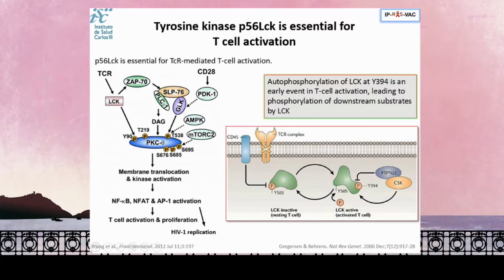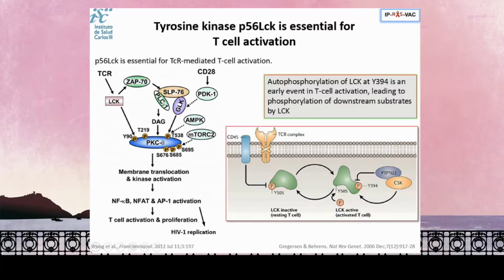When it is activated, it produces the phosphorylation of a variety of kinases, for example PKC theta, which is very important and essential for the kinase activation and associated cascades of activation that end in the activation of several transcription factors like NF-kappa B, NFAT, and AP-1, which are not only essential for T-cell activation and proliferation, but also for HIV-1 replication.